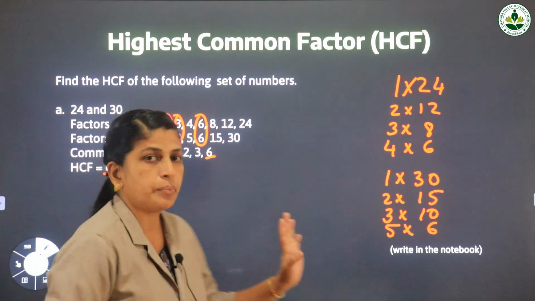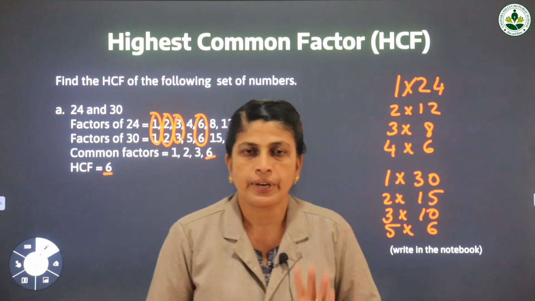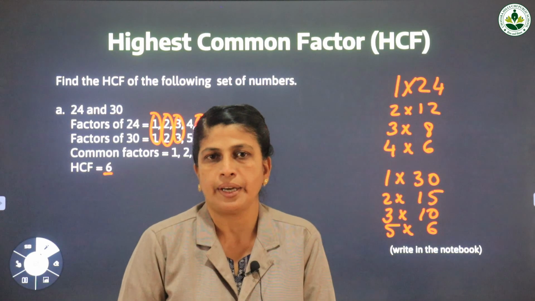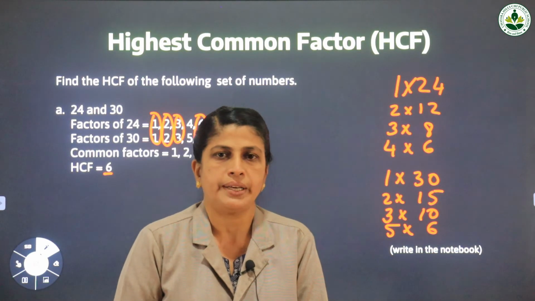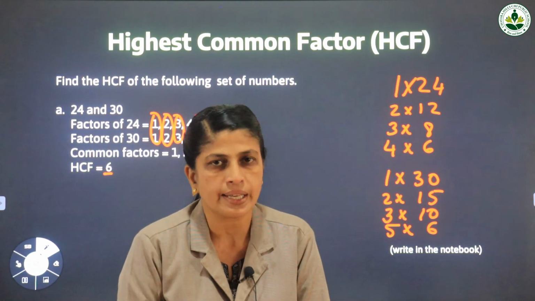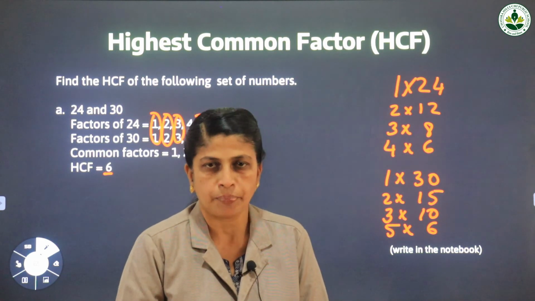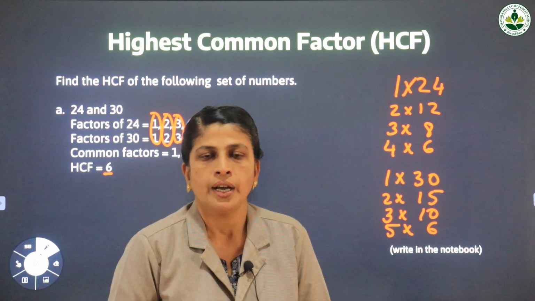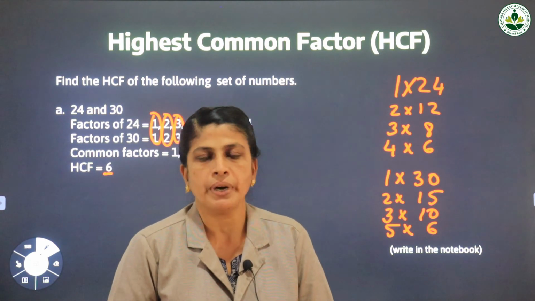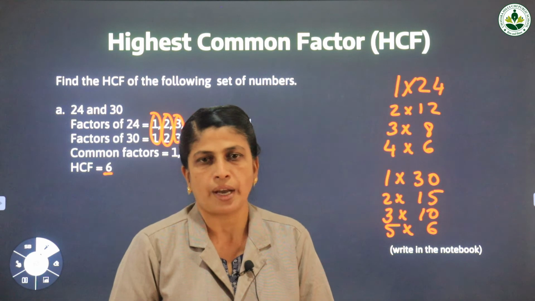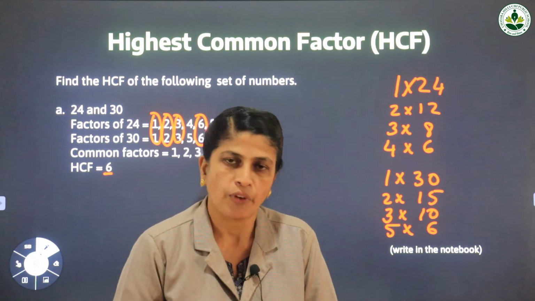Therefore, we have learned about the factors. Factors means when we divide a number by another number without leaving a remainder, then the divisor and quotient are the factors of that number. And the properties of factors: a number has a finite number of factors. The number of factors for any number is finite.